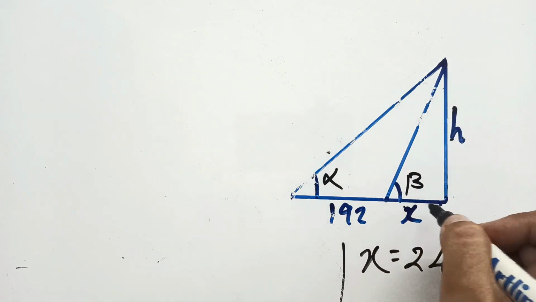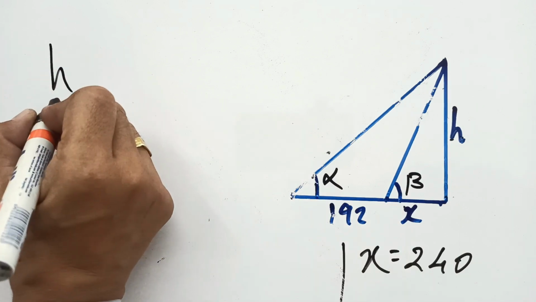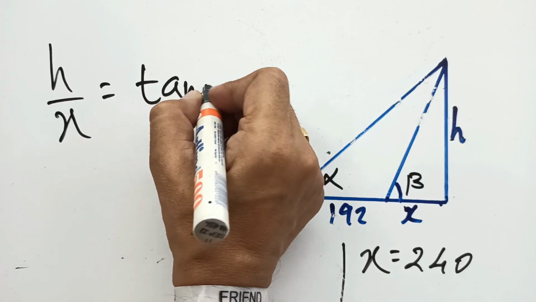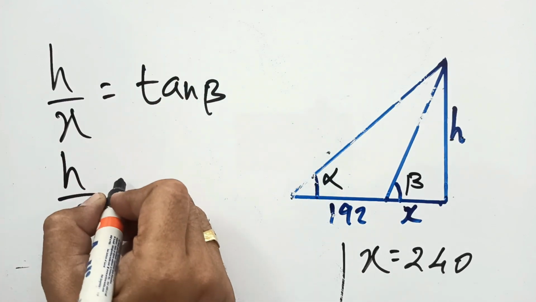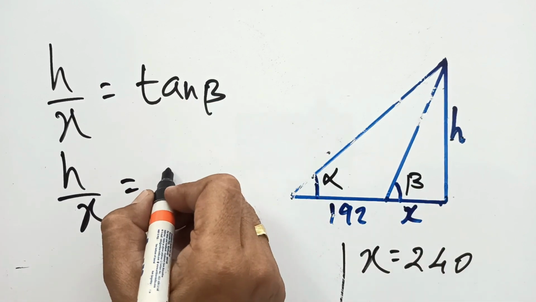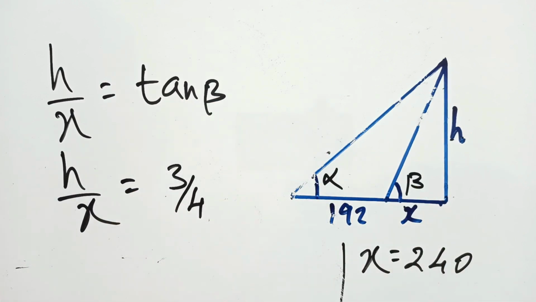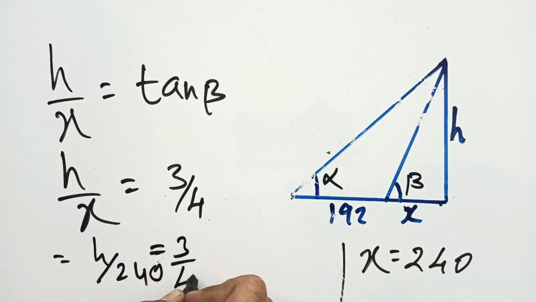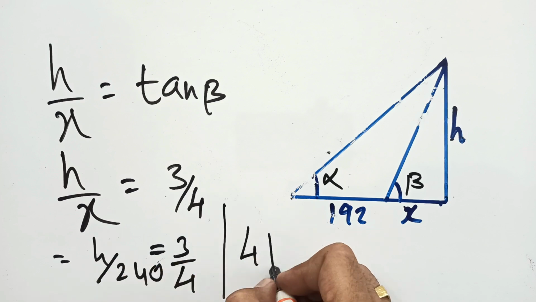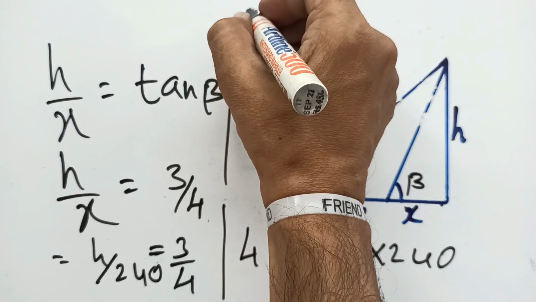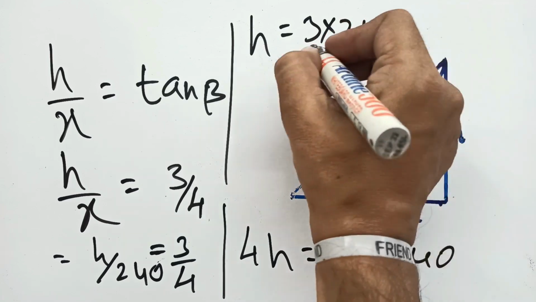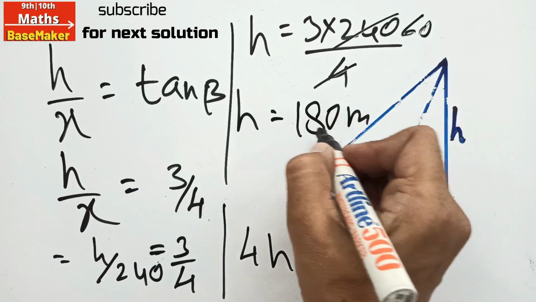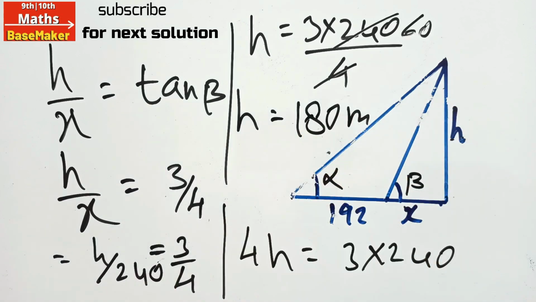Now using the ratios of the smaller triangle, we can find the height. h upon x is tan beta, and in the question it is given that tan beta is 3 upon 4. Let us put the value of x here. So the height of the tower is 180 meters.